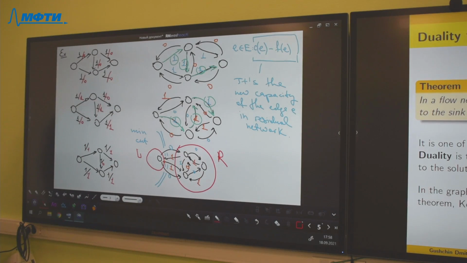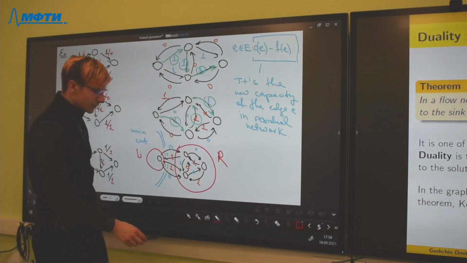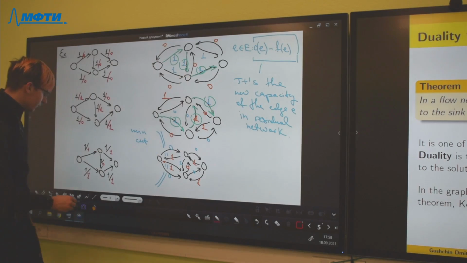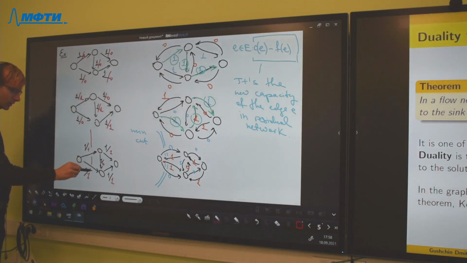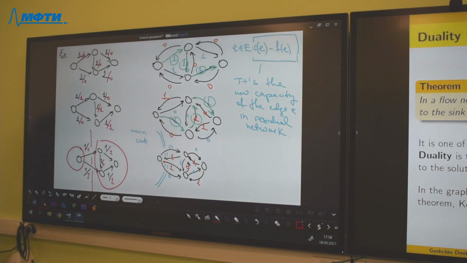For example, here we see, not in the residual network, there are two edges, and the sum of these edges is equal to 2, and it is the value of the cut.